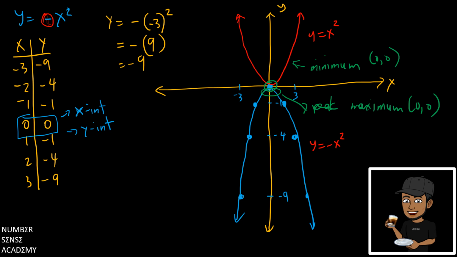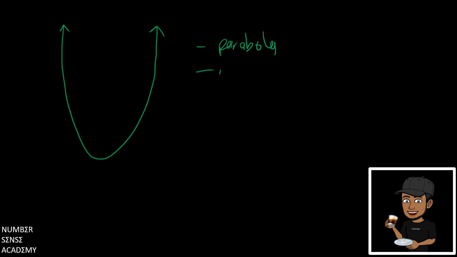So before I move on, let me just intervene with some properties of quadratic equations. So if you notice, it's a U-shaped graph. It's called a parabola.